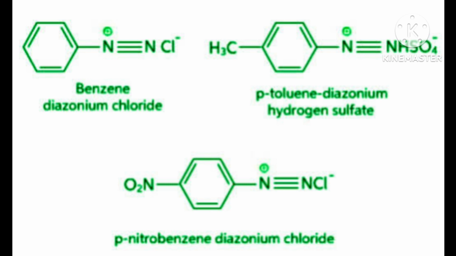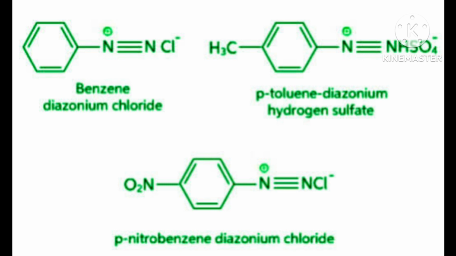The diazonium salts have the general formula RN2+X-, with a positive charge on N2 and a negative charge on X, where R is an aryl group and X is a halide ion, maybe chloride, bromide, even HSO4- or BF4-. So X here may be Cl-, Br-, HSO4-, BF4-.